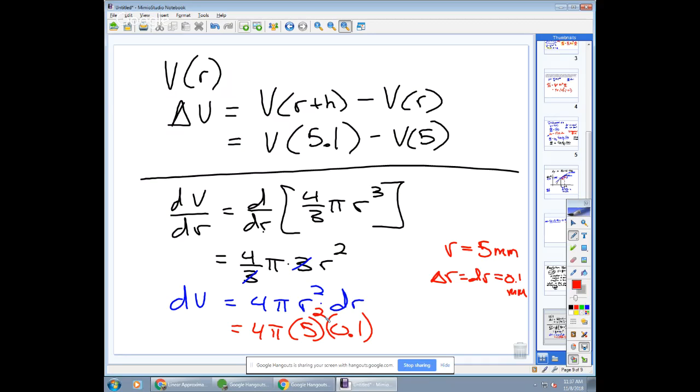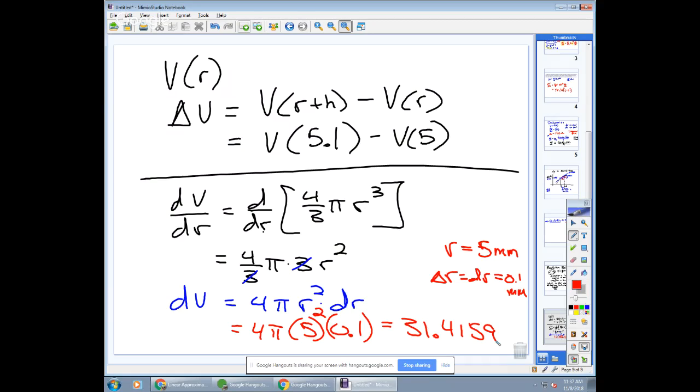So it's 10 pi, which should come out to 31.4159, and I forget the rest of the digits. Something like that. So what is this right here? This is the maximum error that we're going to see in the volume.